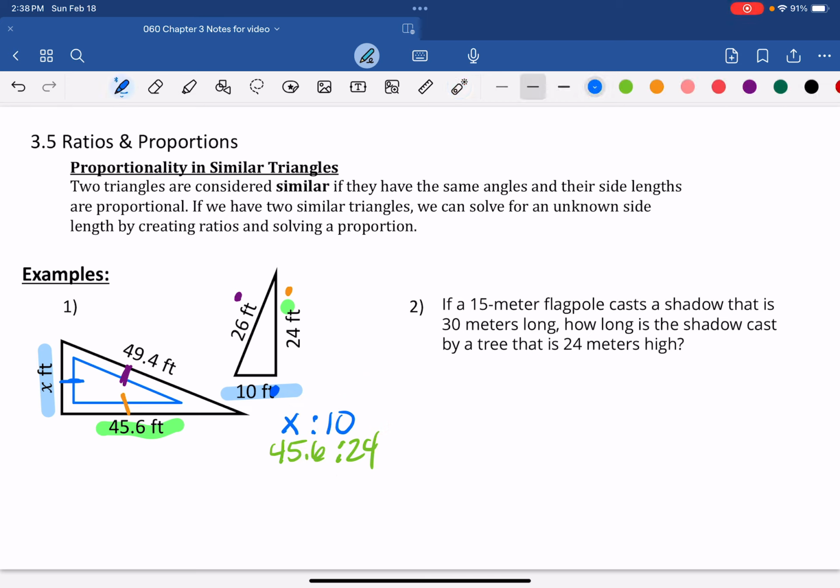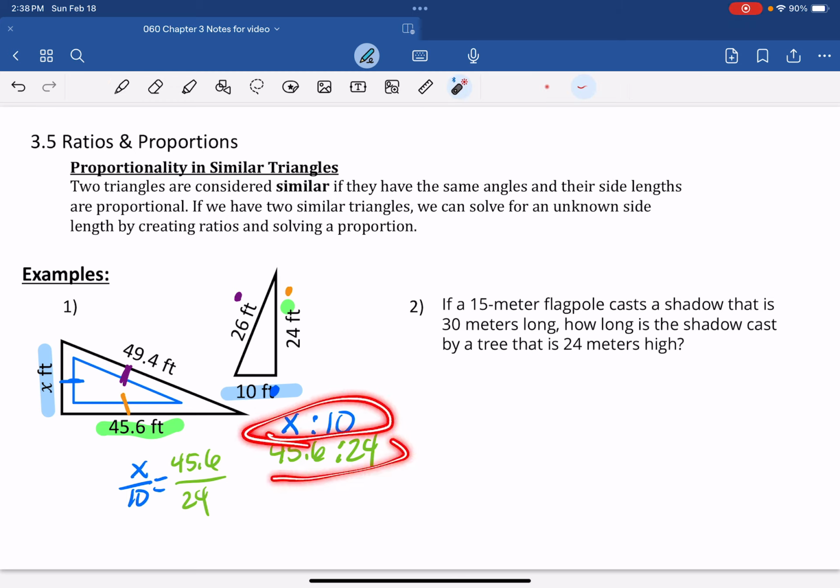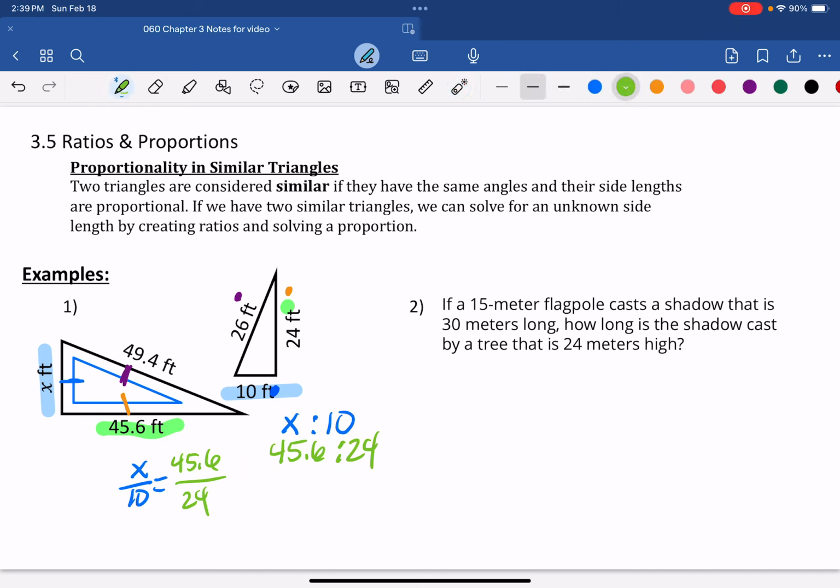So I will have x over 10 equals 45.6 over 24. So actually this is side compared to side, because we have blue, blue. These are sides and these are sides. They're already written as ratios. And so I'm just using the ratios that I already wrote to make my proportion, essentially.